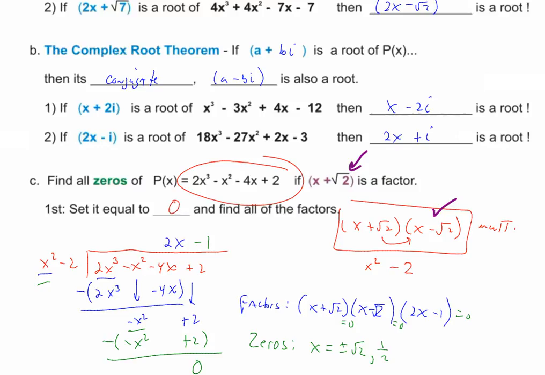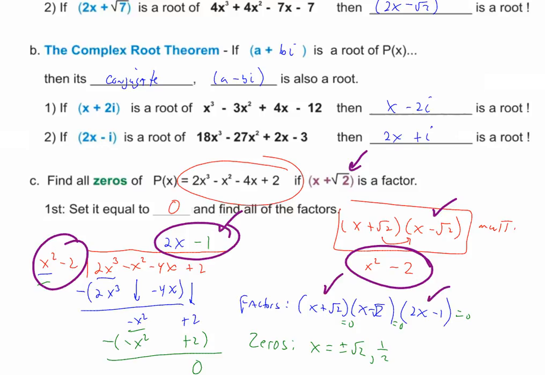Multiplied out the conjugates to get the x squared minus 2. Use that in long division to figure out any other factors, and we got that one. So the reality was it was the 2x minus 1 factor, and then the two irrational roots.